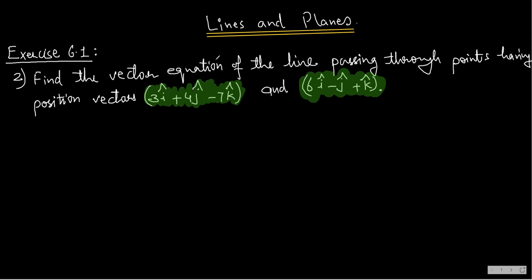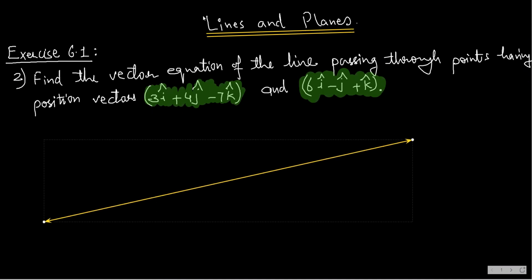So see, when we are given points on the line, they can either give us the coordinates of the points or they can give us the position vectors of the points. Now, if they are giving us the coordinates, ultimately we will have to find the position vector only.